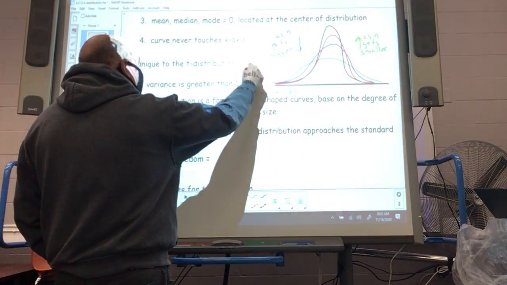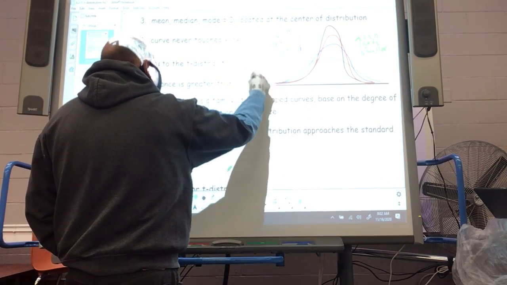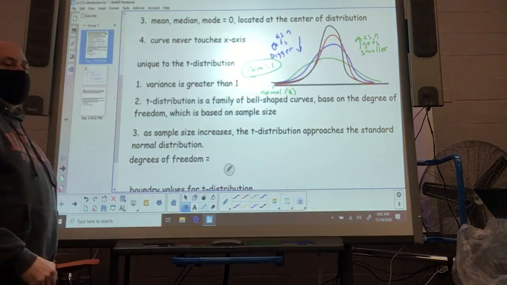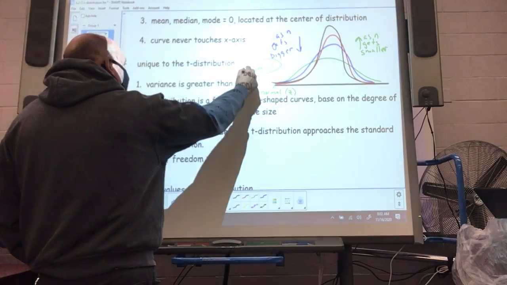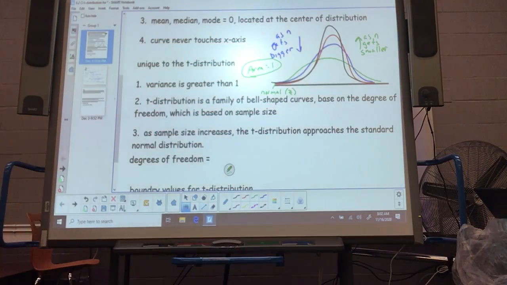This area still equals 1. The area still equals 1. So once again, you start squishing that bell-shaped curve together, you still have an area of 1. When you squish, the hump on the side of the camel's back starts getting higher.